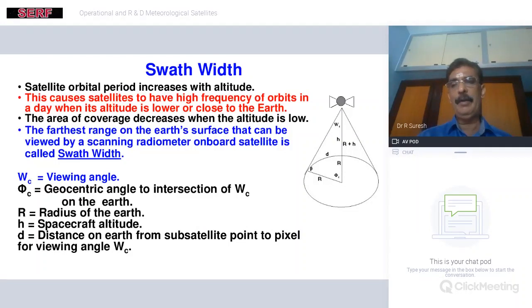From that point on either side, depending on the angle at which the radiometers, the camera, etc. will be having the field of view, the total coverage on either side of the sub-satellite point is called the swath width. In other words, it is the farthest range on the surface that can be viewed by the scanning radiometer on board.